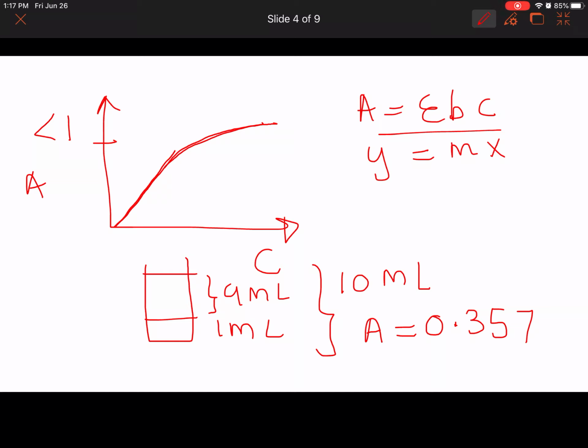Now since we know the absorbance for the diluted unknown, you can plug that value into the equation that you get from the graph, and we can find the concentration of the diluted unknown. And then since our dilution is 1 to 9, again we can use M1V1 equals M2V2 to find the concentration of the undiluted unknown. Okay, that's the plan.